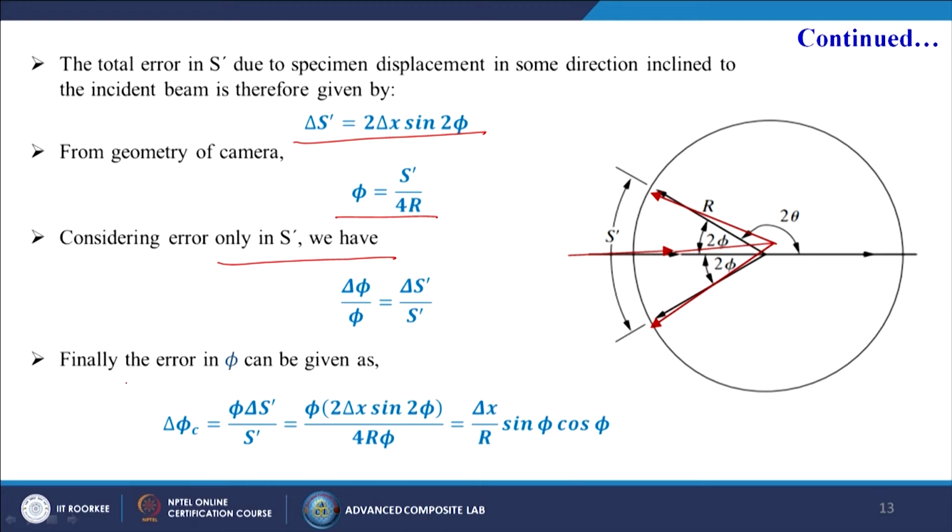Finally, the error in phi can be given as del phi c is equal to del S prime by S prime times phi, which is 2 del x sin 2 phi by 4 r, and this is equal to del x by r sin phi cos phi. So, this is the del phi c.